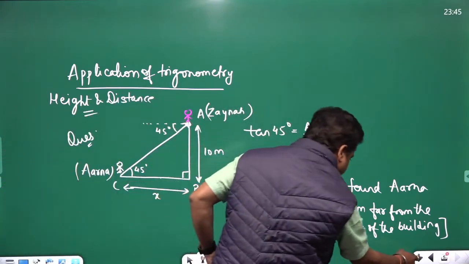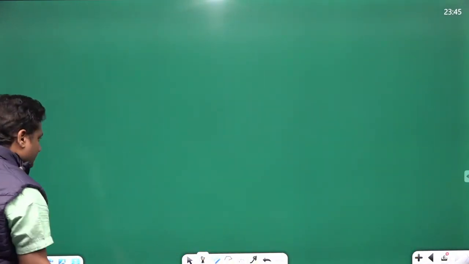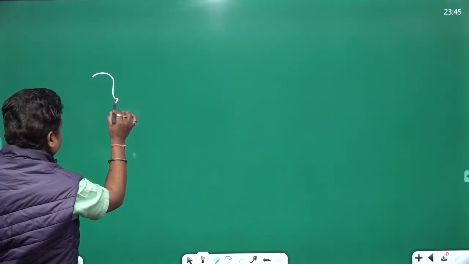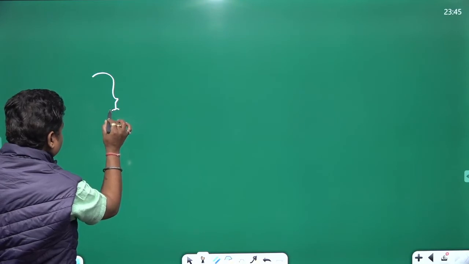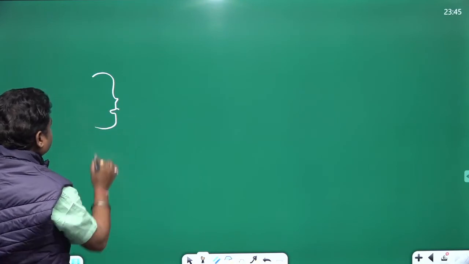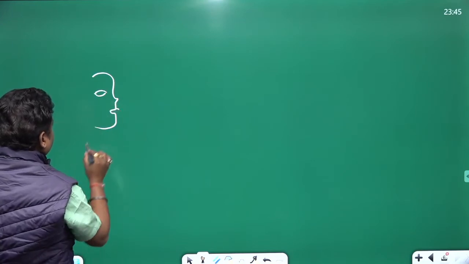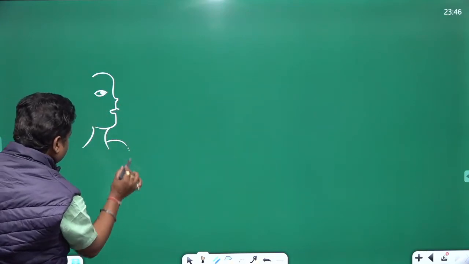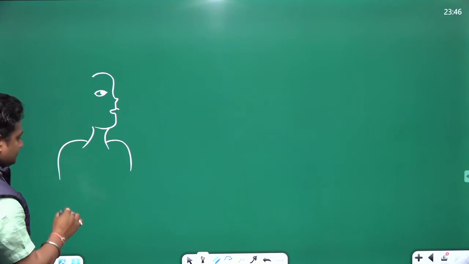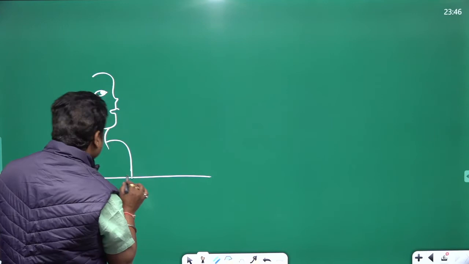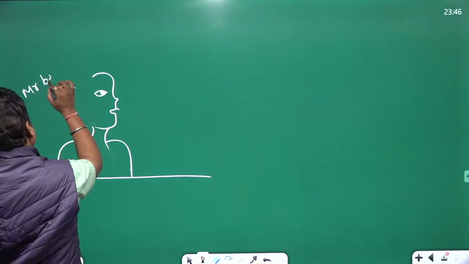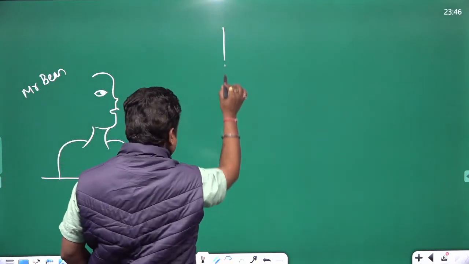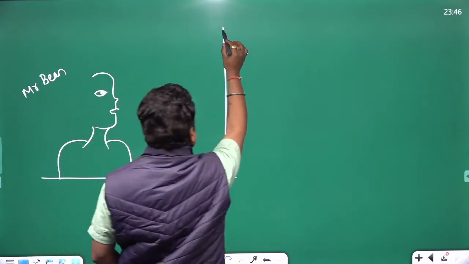Okay. So let us draw one diagram. This is Mr. Bean. He is observing one tall building.